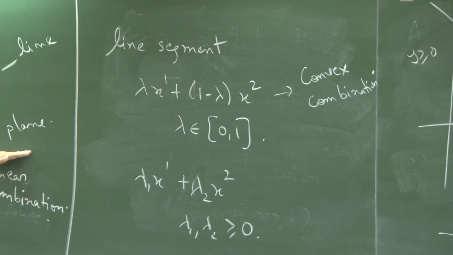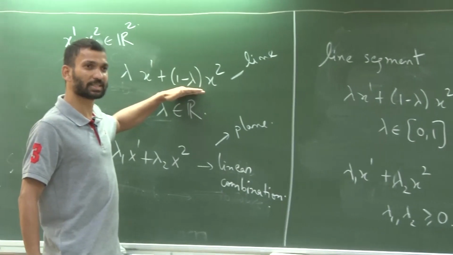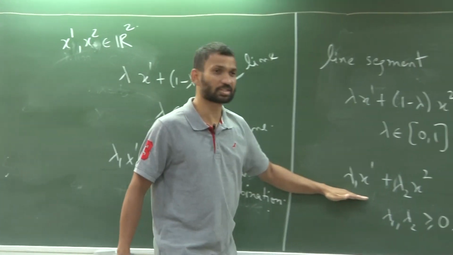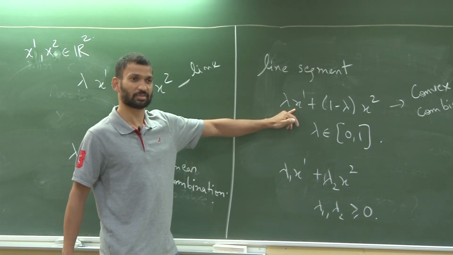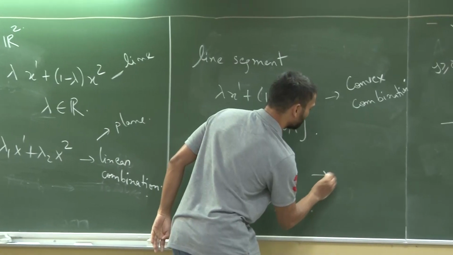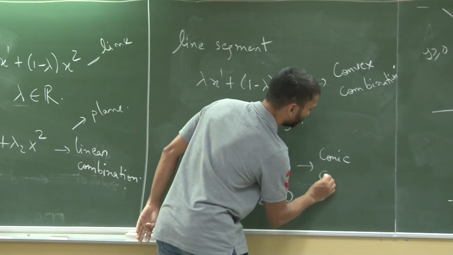So this was a plane. This is the constraint that the sum is up to 1. This is the constraint that both are positive. If you mix these, you get this. This is called conic combination.